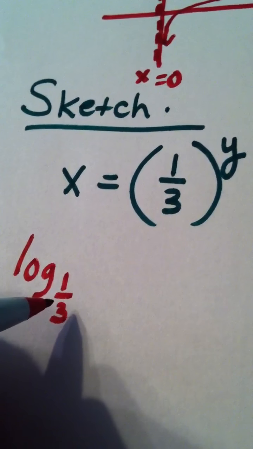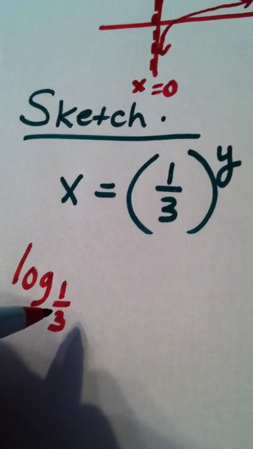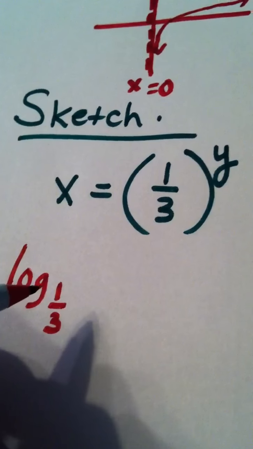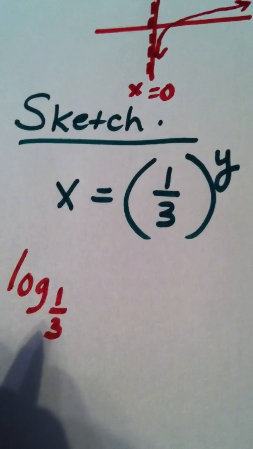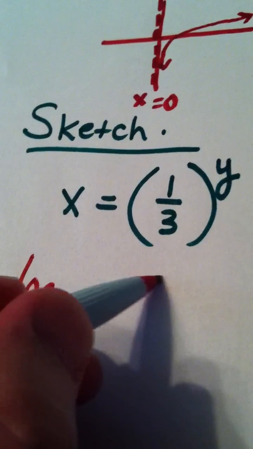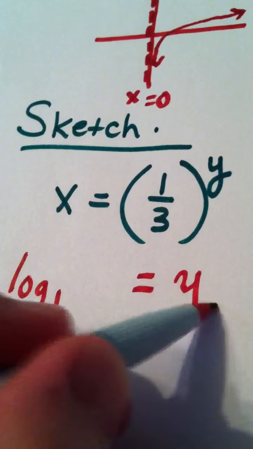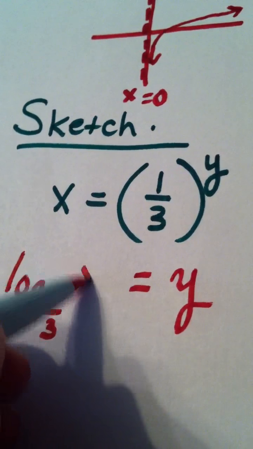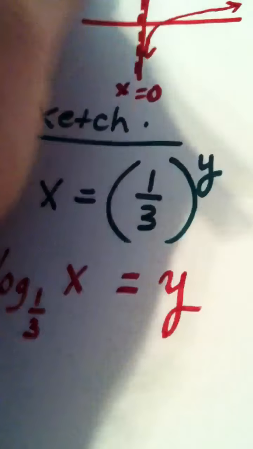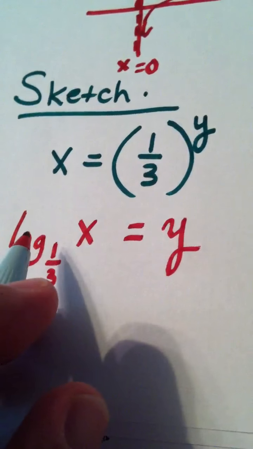Remember, bases can be positive numbers not equal to 1, so fractional bases are fine, you know, like numbers less than 1 but greater than 0. Okay, and this is equal to, the exponent always goes alone. It's the answer to the log function. That means this has to be x. So I've converted this into log form.